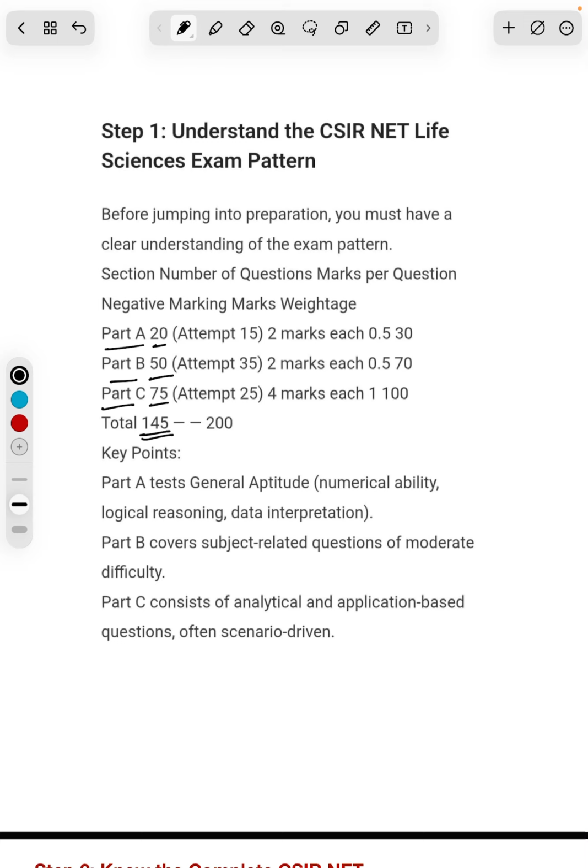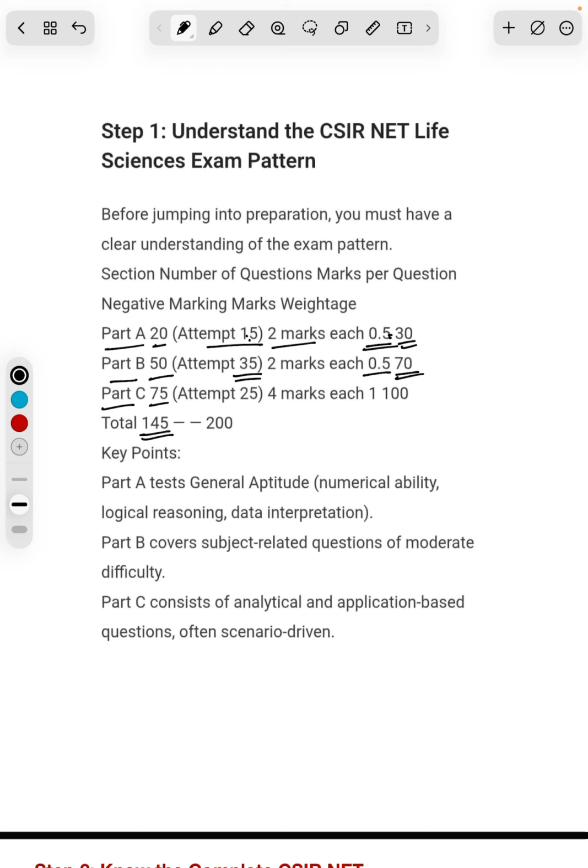In Part A, we need to attempt only 15 questions at most. They carry 2 marks each, with negative marking of 0.5, so 15 into 2 will give 30 marks in total. Each question in Part B also carries 2 marks, so attempting 35 questions will give you 70.